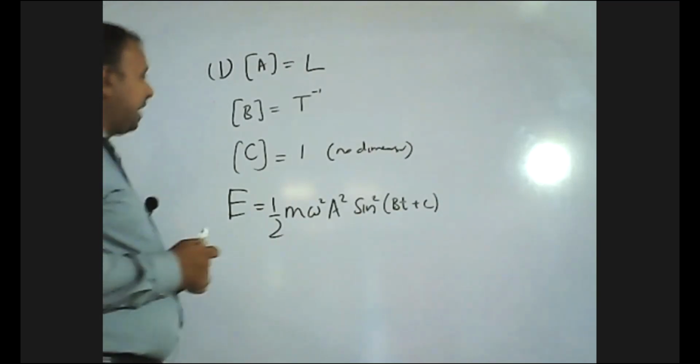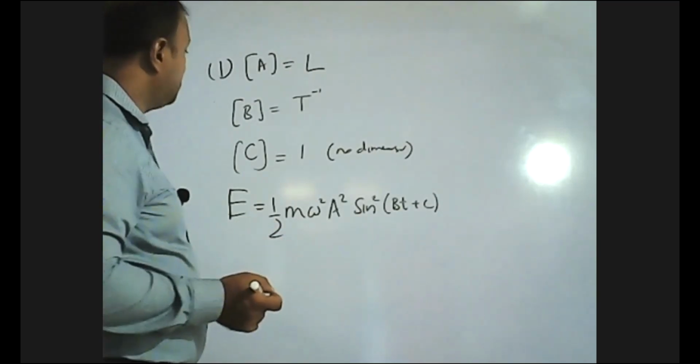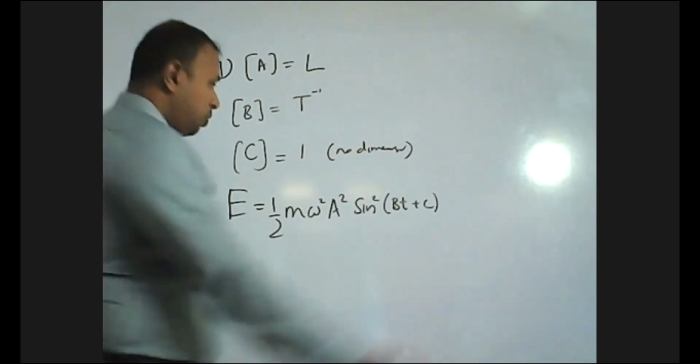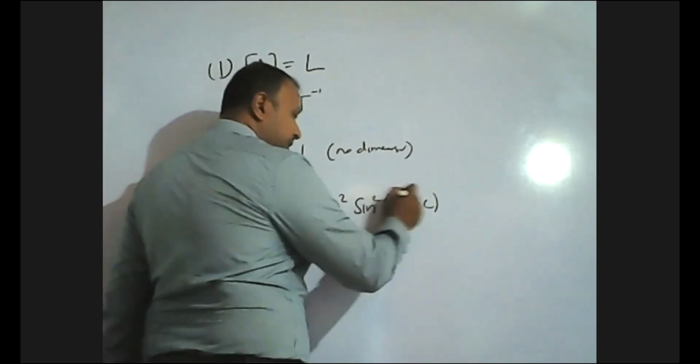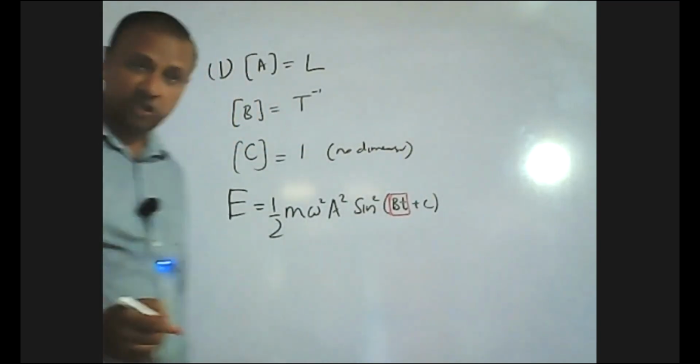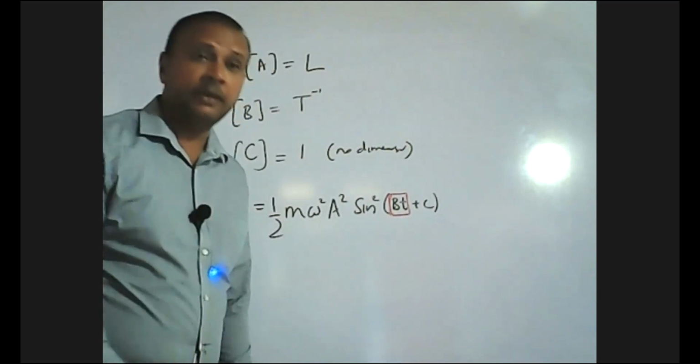In this case, we have to find the dimensions of B and C. So this should be an angle, because inside the trigonometric function there should be an angle.